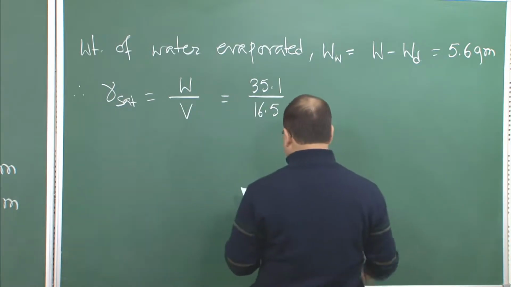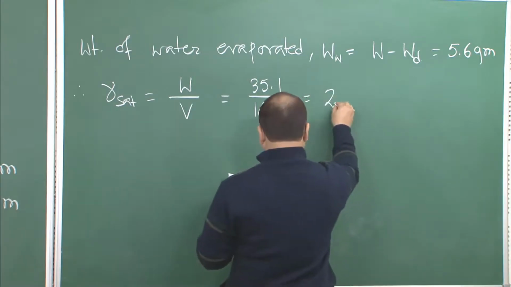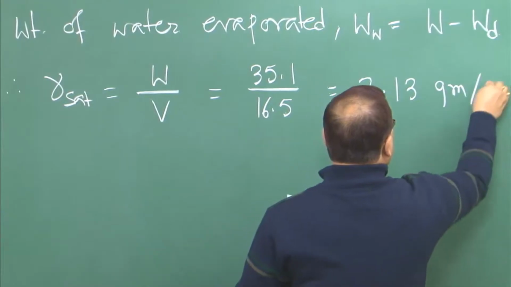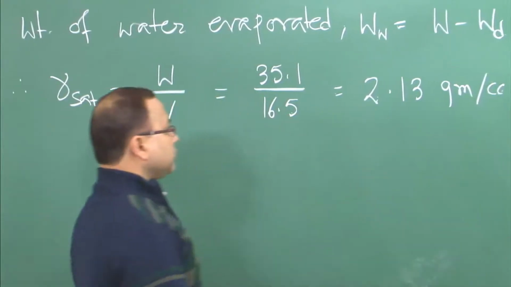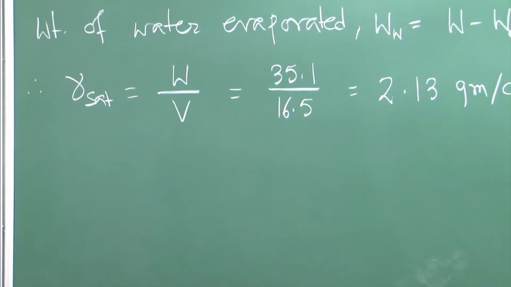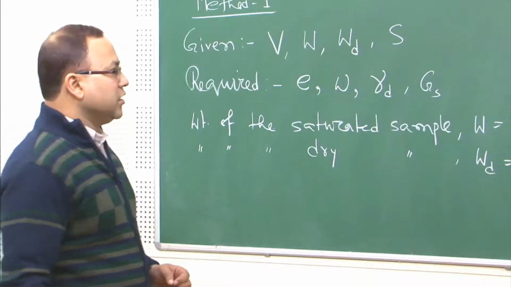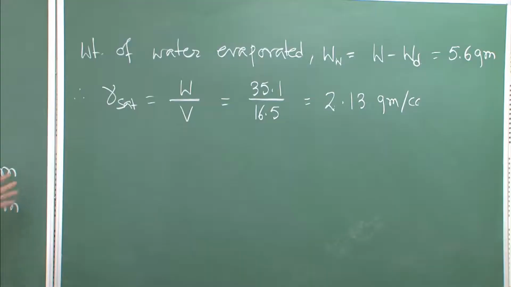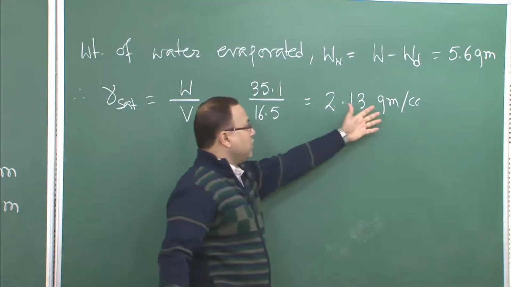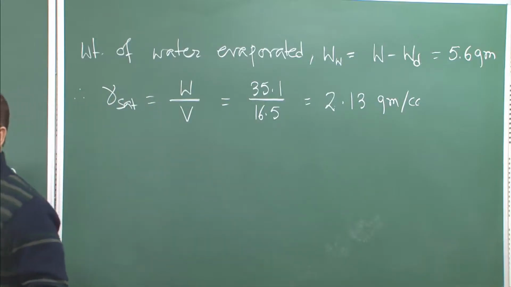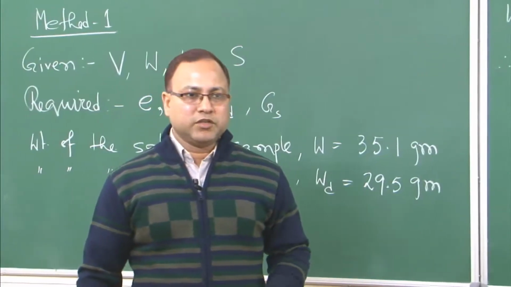V is given, and it is coming as 2.13. I am doing all the things in CGS units. So, this is gamma sat, 2.13 gram per cc.